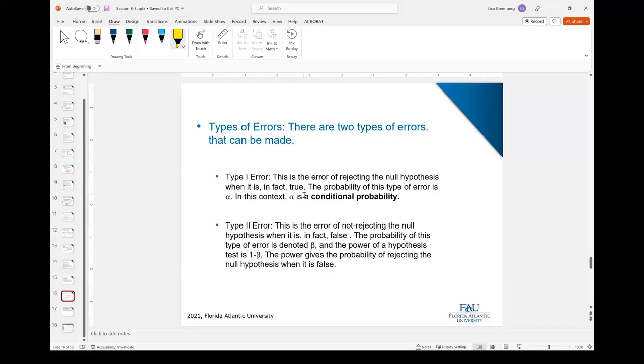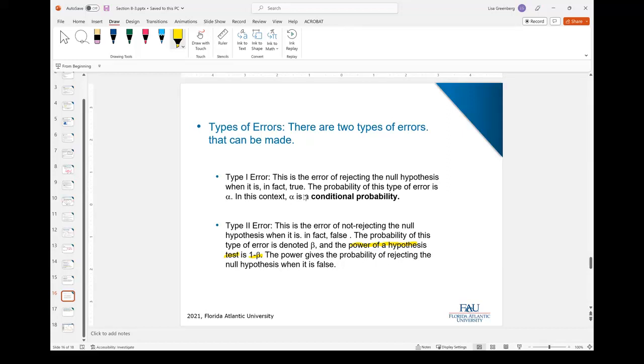And the power of a hypothesis test is 1 minus beta. So if you're given the power, then you have to find beta. If you're given beta, you might want to find the power. Just depends on which way it's going.